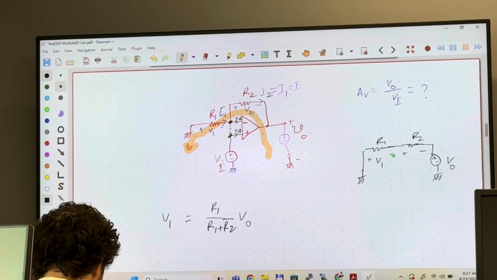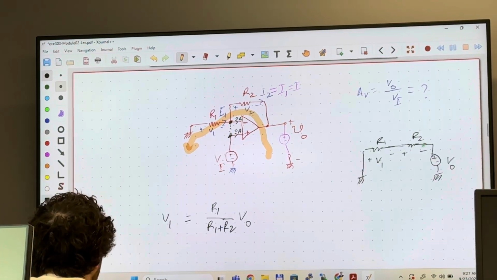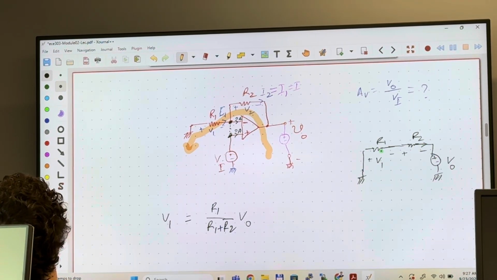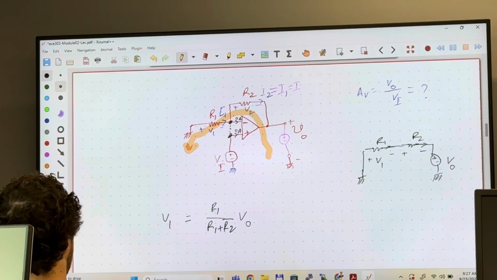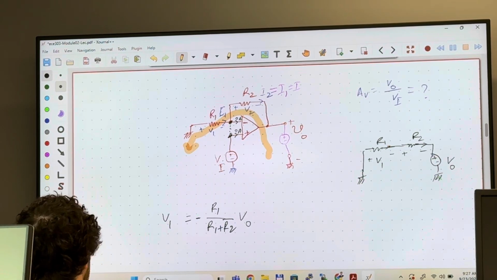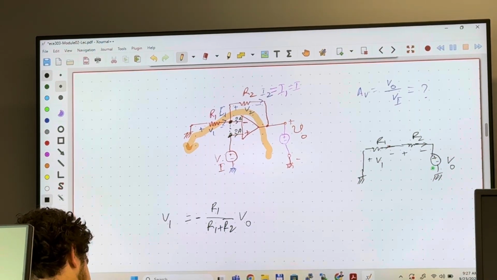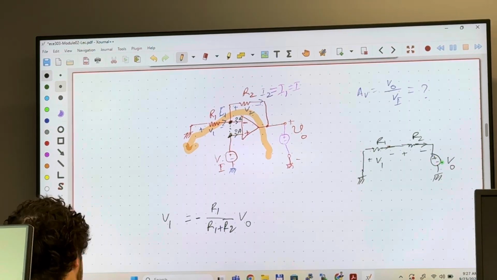Because it is the opposite direction, the current is going this way, according to my symbol. So this V1 is going to be simply negative with respect to the polarity of the actual voltage source that we have here, which is the output.